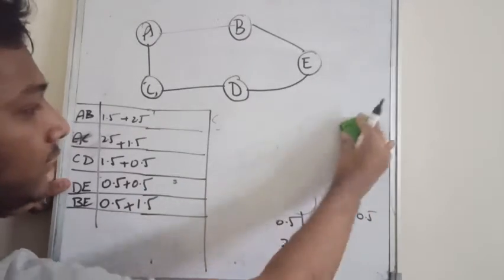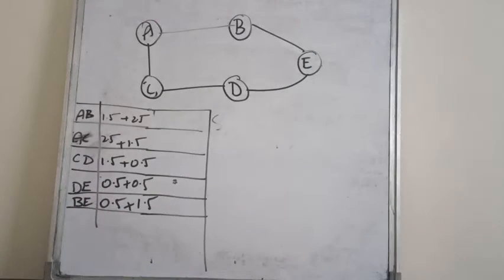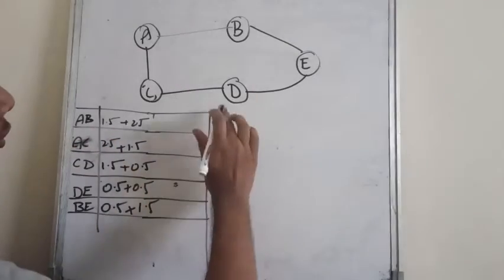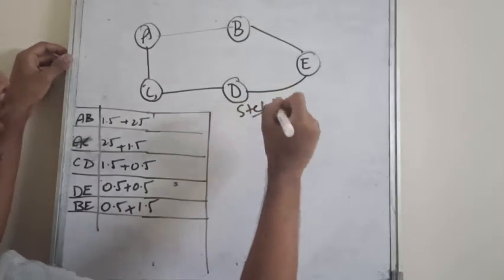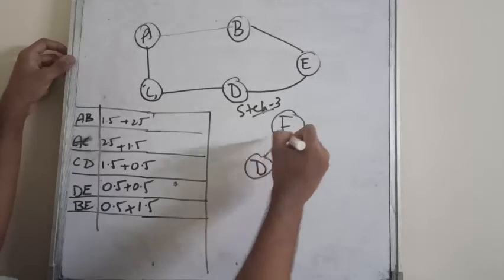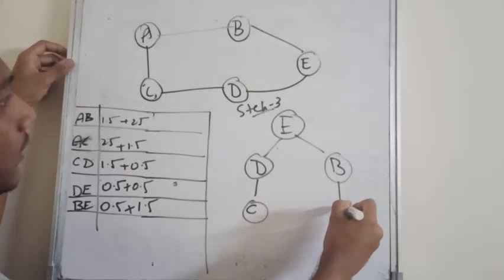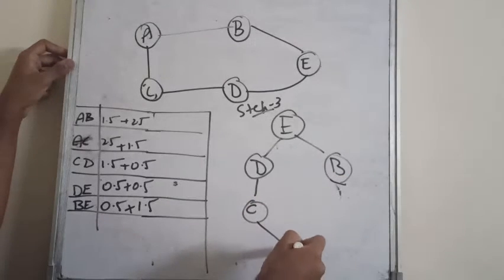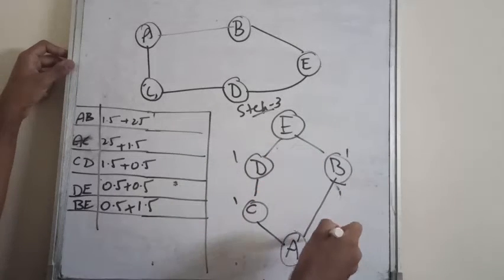Now we have to do the same thing with respect to node E. For that, this is step 3. Node E is directly connected to D, directly connected to B, directly connected to C, directly connected to A, and B is directly connected to A as well. 1, 1, 1, 1 plus 1, 2.